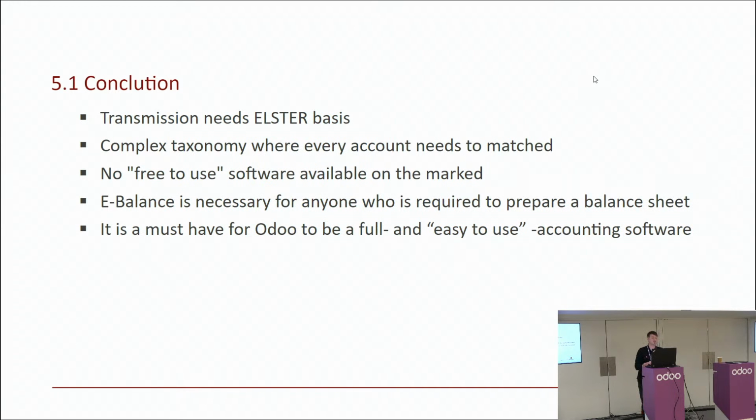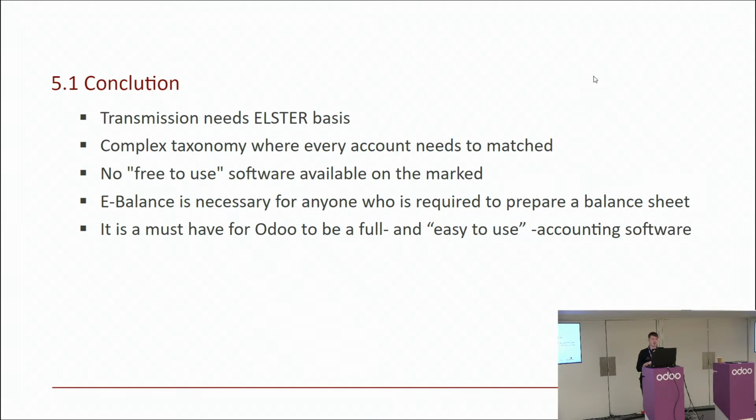The conclusion is that the transmission needs an Elster basis. You have the complex taxonomy where you need to match every single account you have used during your bookkeeping. And there is no free-to-use software available on the market.